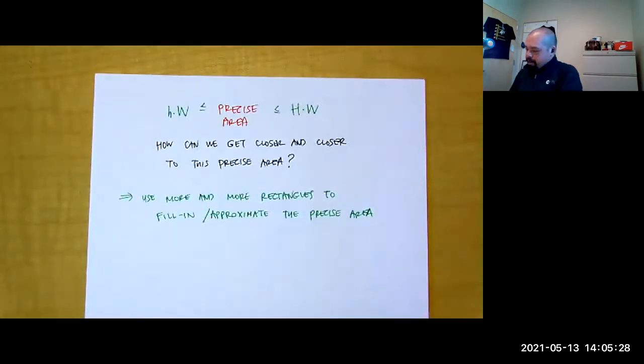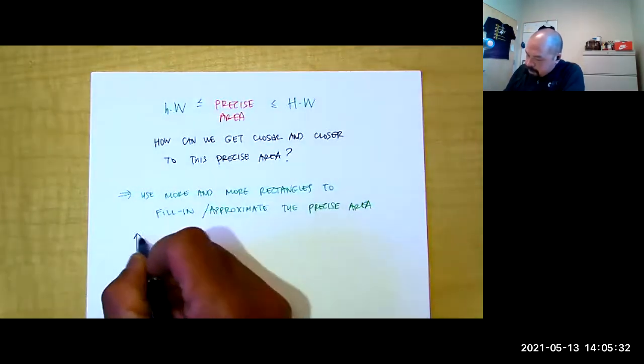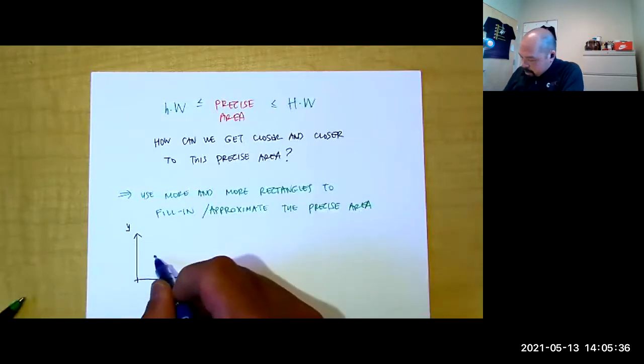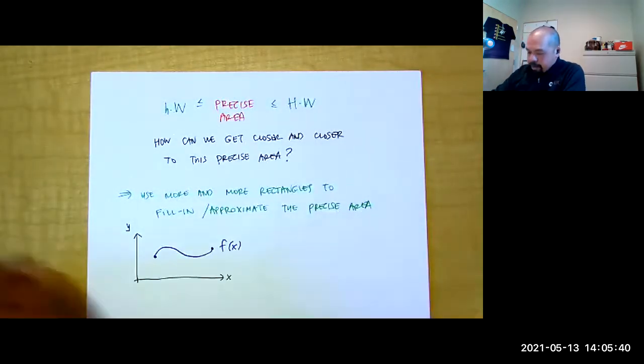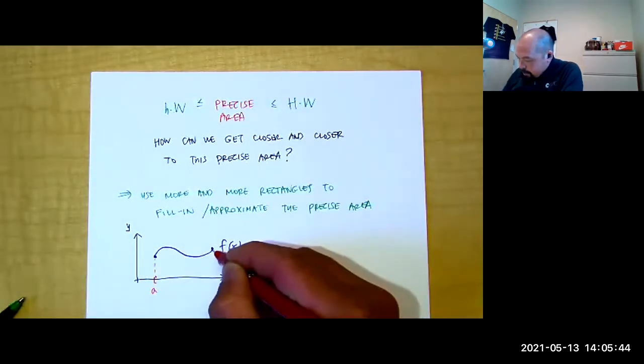So I'm going to draw in a series of diagrams formulating this idea, this process. We can still work with our same function, going from a to b.